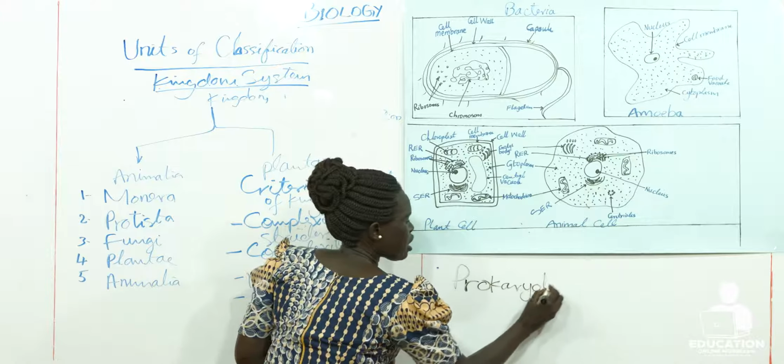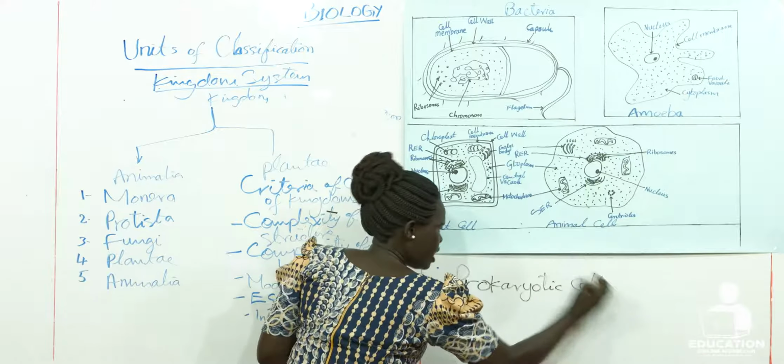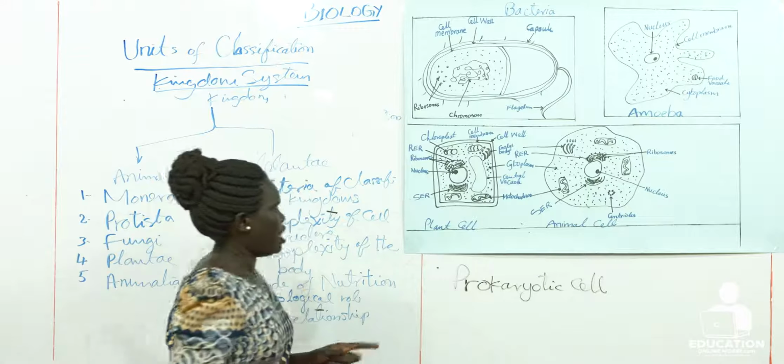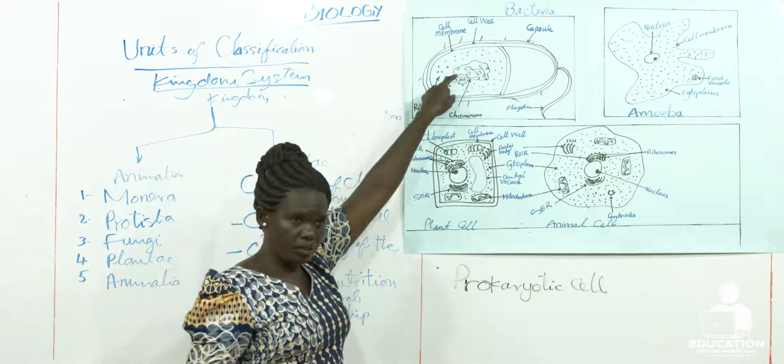Prokaryotic cell. This type of cell is represented by the cell of bacteria.